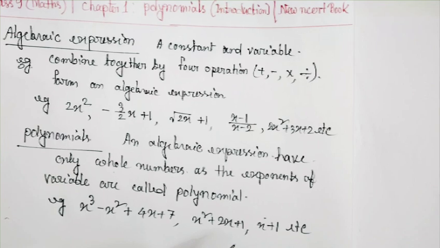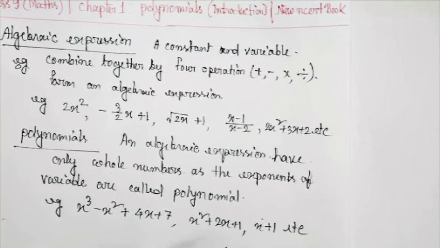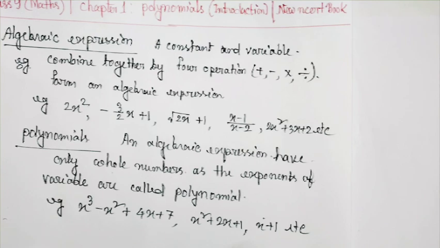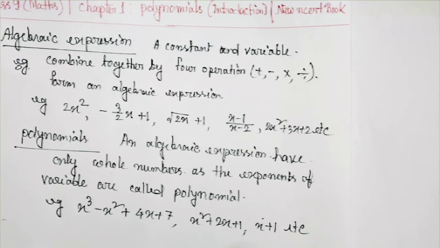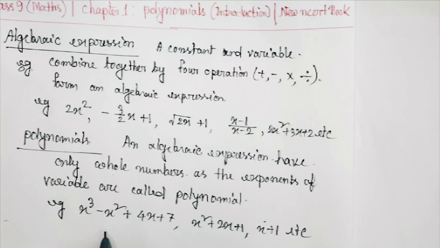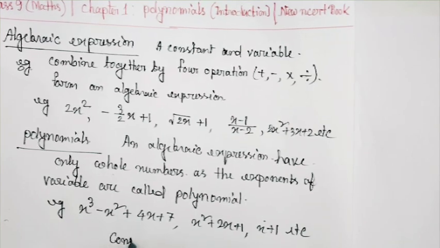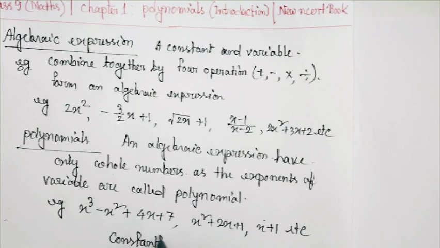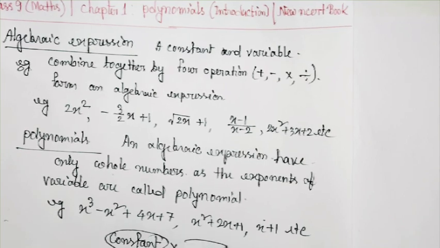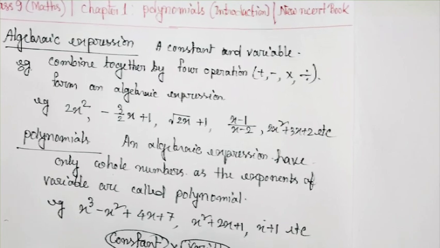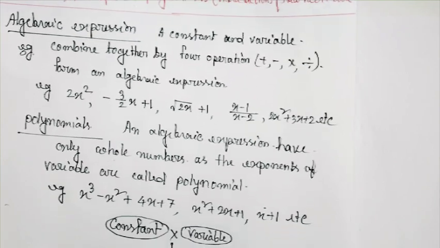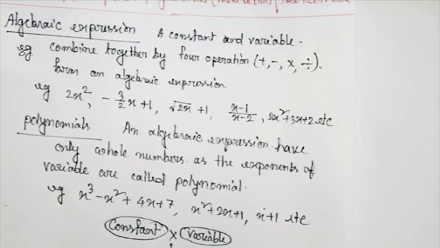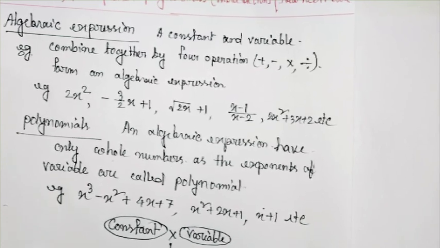So, kinds of polynomials. There are two types of polynomials: based on terms and based on degree. A constant into variable forms a term.